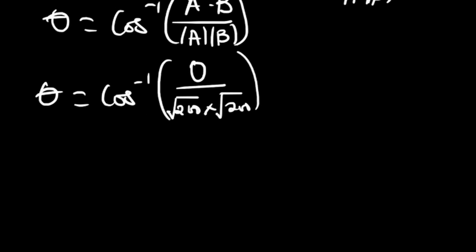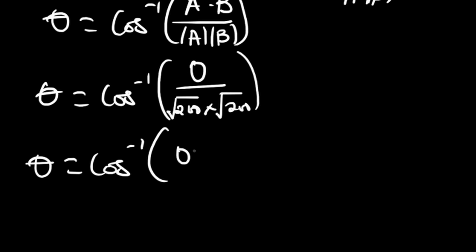So right here, if we simplify this further, theta is equal to cos inverse. So 0 divided by this will give us a 0. So we have cos inverse of 0.